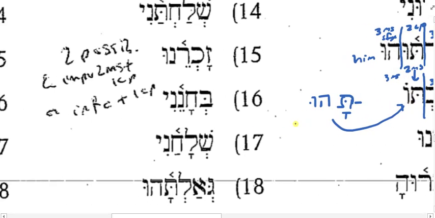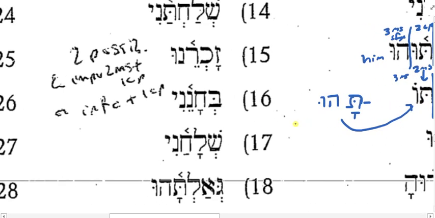Okay, good. So I have shilachani. Shilachani. This is what verb? Shin, Lamed, Chet. What does shalach mean? This is to send. So shalach, to send.